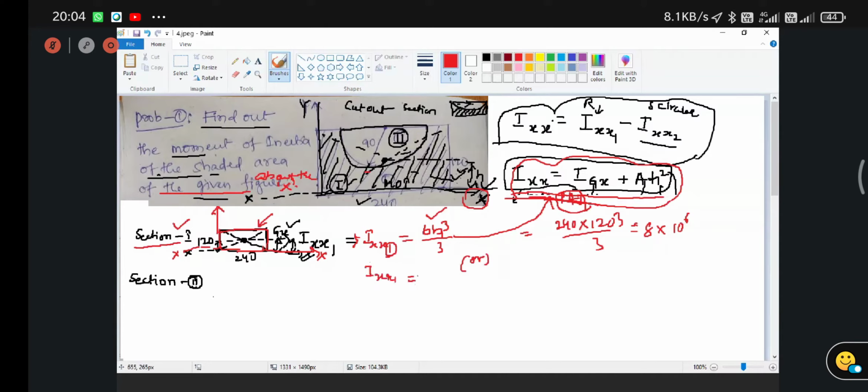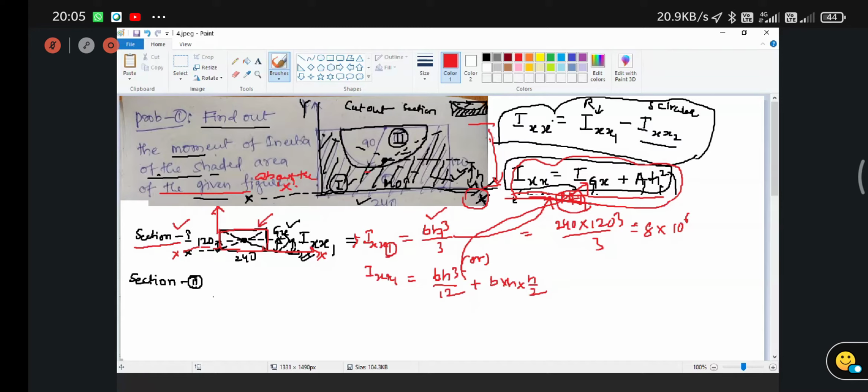Ixx1 is equal to the central axis term, which is nothing but BH cube by 12, that is Igx, plus the area, which is B into H, times the square of the distance between these two. The distance between these two is nothing but H by 2, where whatever the height of the rectangle is, I assumed as H.